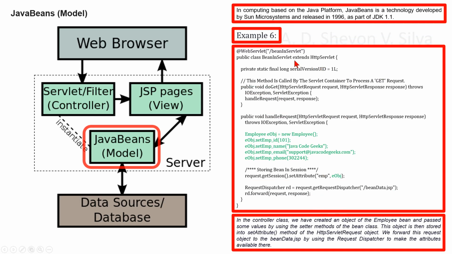So as an example 6, we can consider this code segment. So in the controller class, we have already created an object of an employee bean here, and passed some values by using setter methods of the bean class.